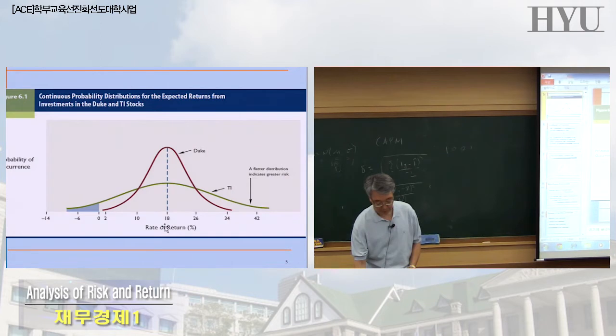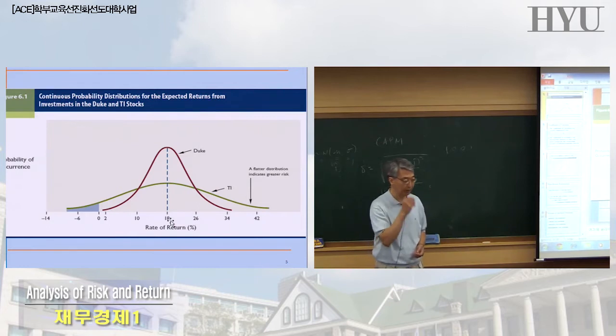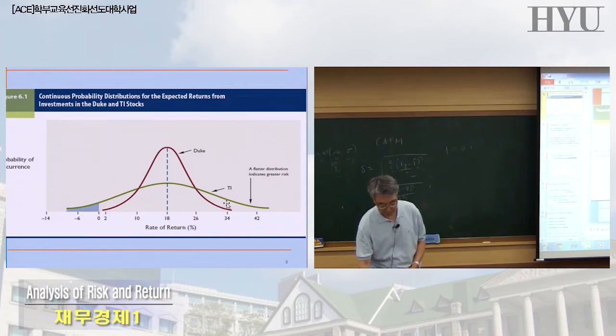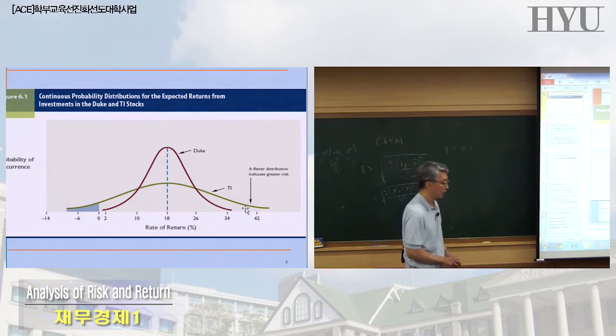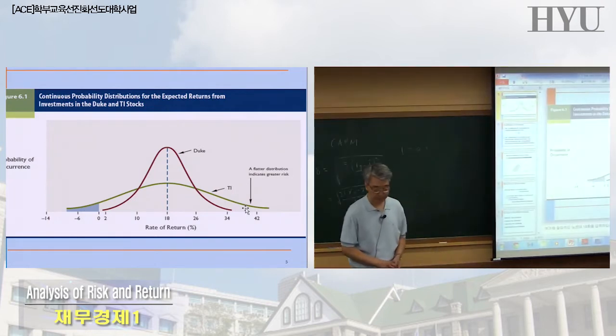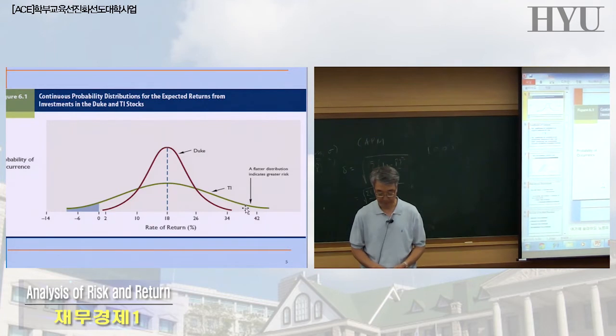So on average, you can expect 18% return from both Duke stock and TI stock. However, the variability is a lot larger in the case of TI stock. So the distribution is a lot wider and flatter in the case of TI, and that represents higher risk in terms of financial terminology. Is that okay so far?